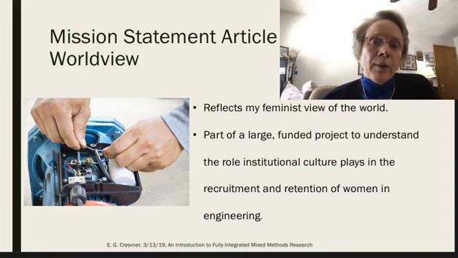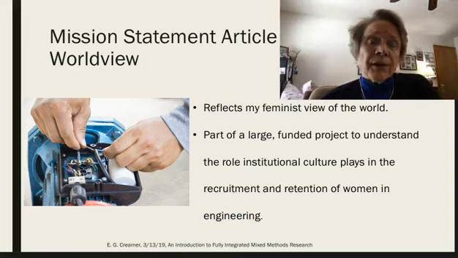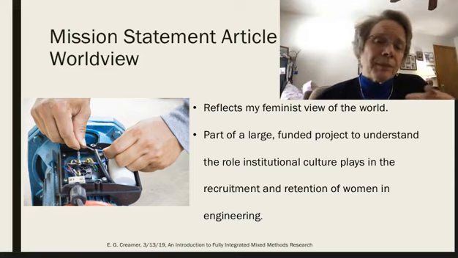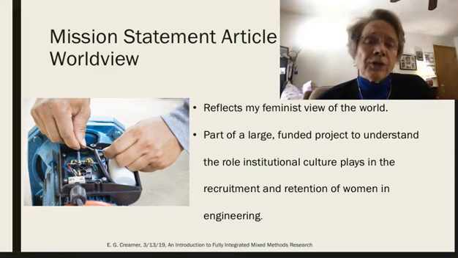Particularly for faculty women and administrators. So I am a feminist. My research implicitly reflects a feminist agenda, and certainly the mission statement article does as well.